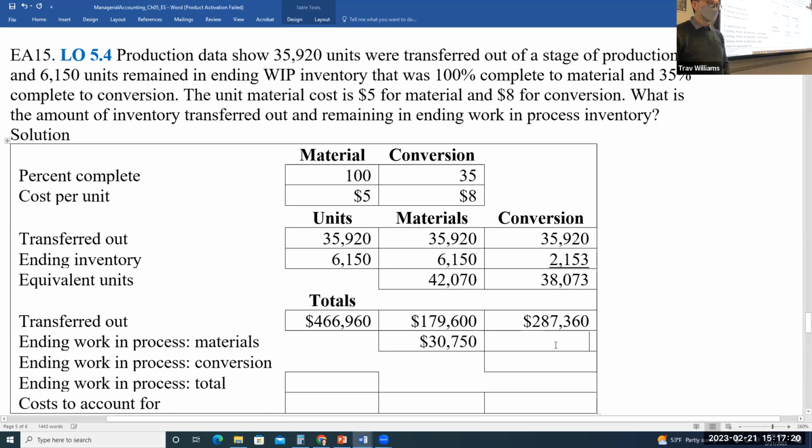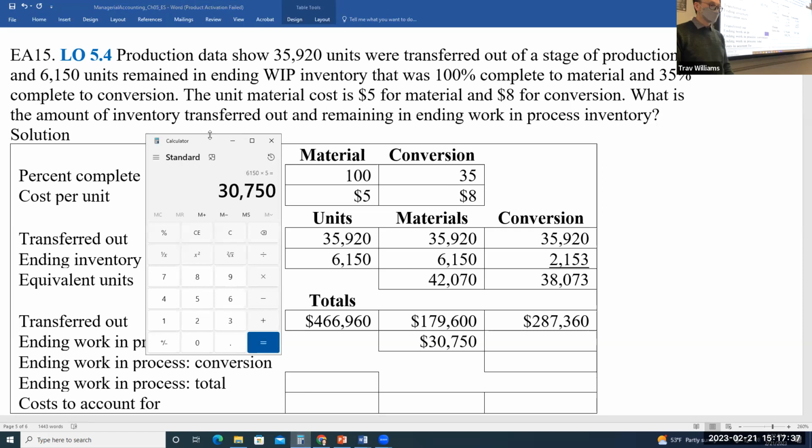Now this is a phantom cell over here. It looks like maybe something's supposed to go there, but that's just because it has lines on all four sides. So we don't actually have to put anything in there. But we do need to put ending work in process for conversion. How do we calculate that? 2,153 equivalent units for conversion in ending work in process times the $8 conversion cost per unit, we get 17,224.